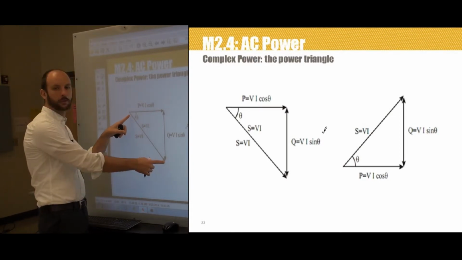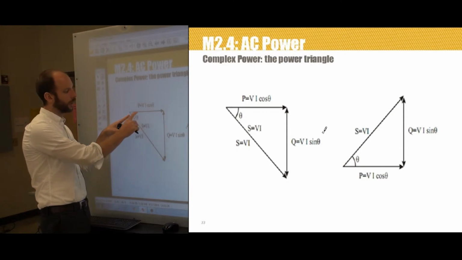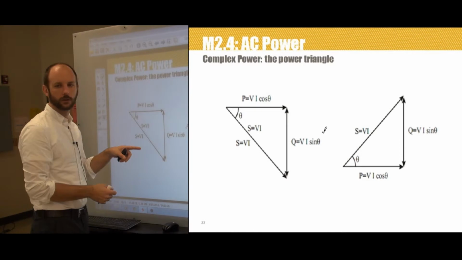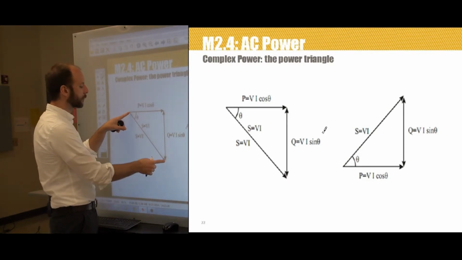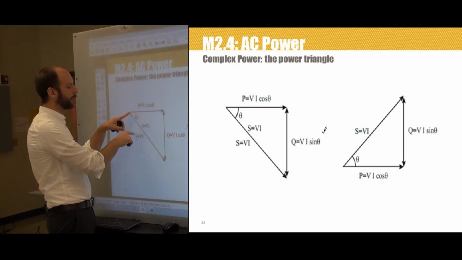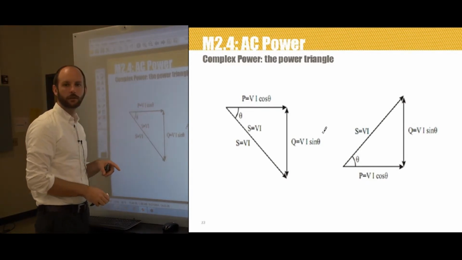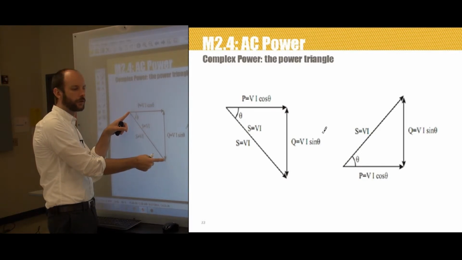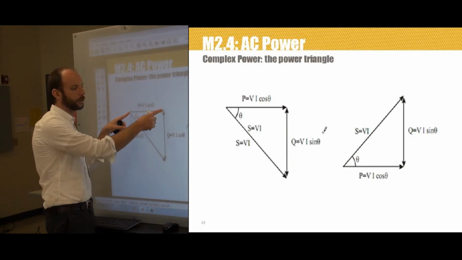So if we have the apparent power vector and we were to figure out how much of it lies on the x-axis, well, we'd use trigonometry. We'd use our trigonometric identities, SOHCAHTOA, and we'd find out that P equals VI cosine of theta, right? Power is the real projection of the apparent power. Real power is the projection of apparent power onto the x-axis.